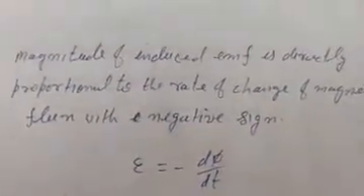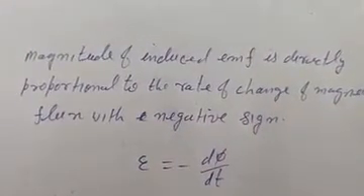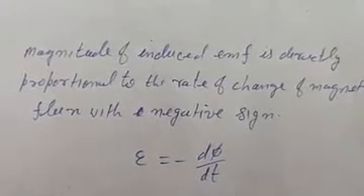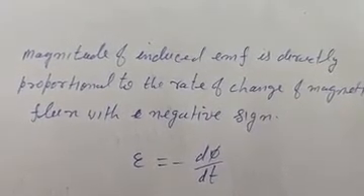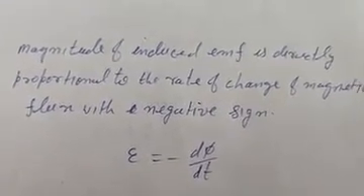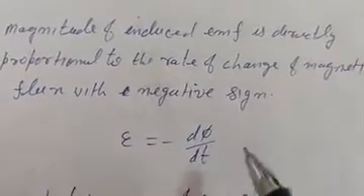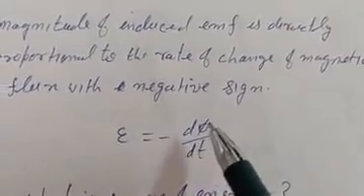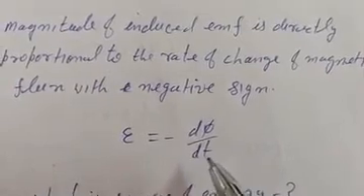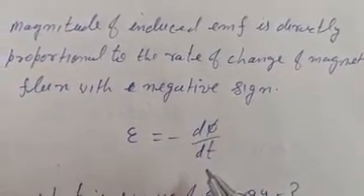Third law. The magnitude of induced EMF is directly proportional to the rate of change of flux, with negative sign. Induced EMF is equal to minus change in flux upon change in time, so you can say minus dψ/dt.